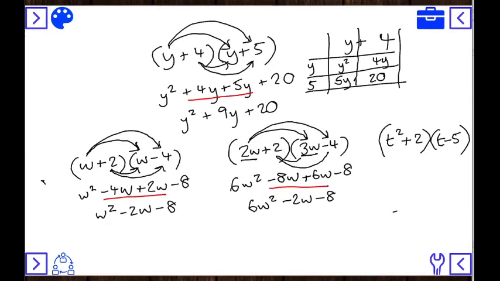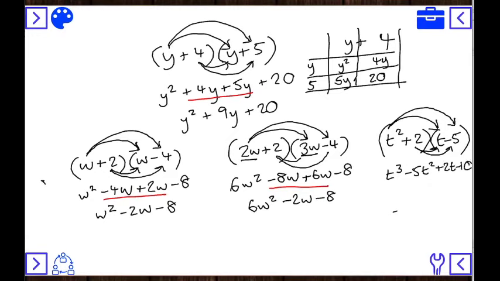When we expand, the only thing we've got to remember is that if I have t squared, which is t times t, and I multiply that by t, I now get t cubed. Now expanding out the t squared and minus 5 gives me minus 5t squared. Still using the claw method, 2 times t and 2 times negative 5 gives me 2t minus 10.